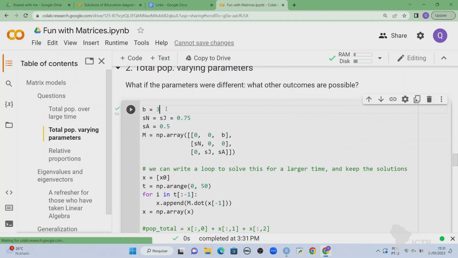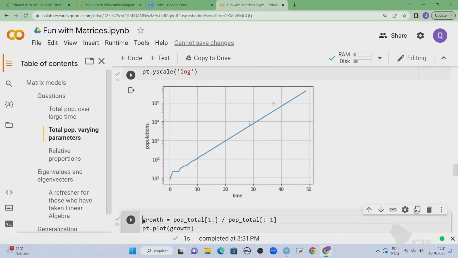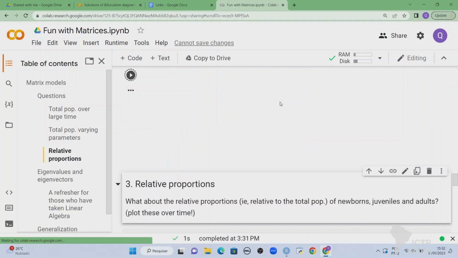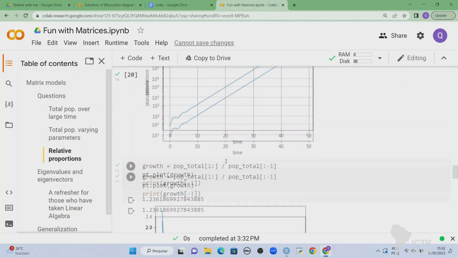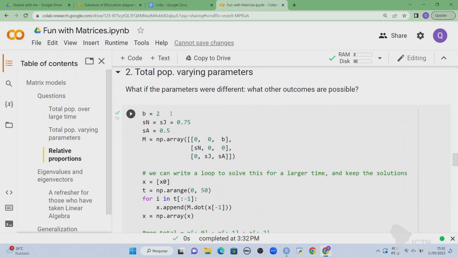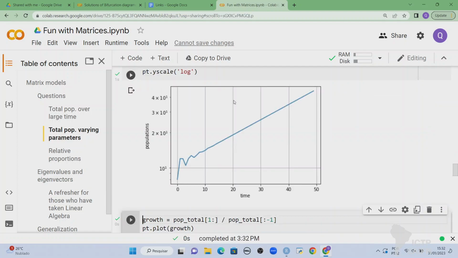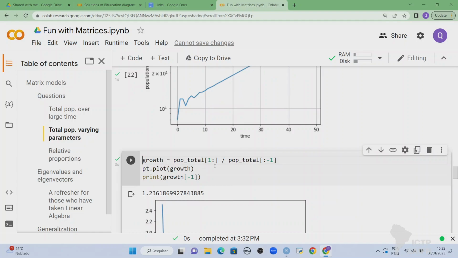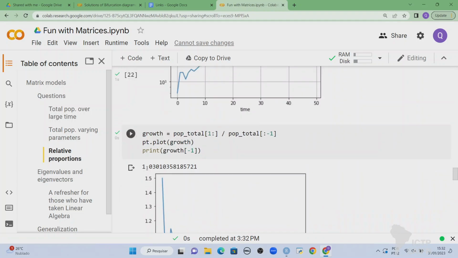Now if I reduce B to 2, I'm still growing, but now I don't know where exactly it changes, it's only 1.2. So let's go to 1 already, B goes to 1. So each adult leaves only a single newborn. Now it is still growing, but with a growth rate of 1.03.